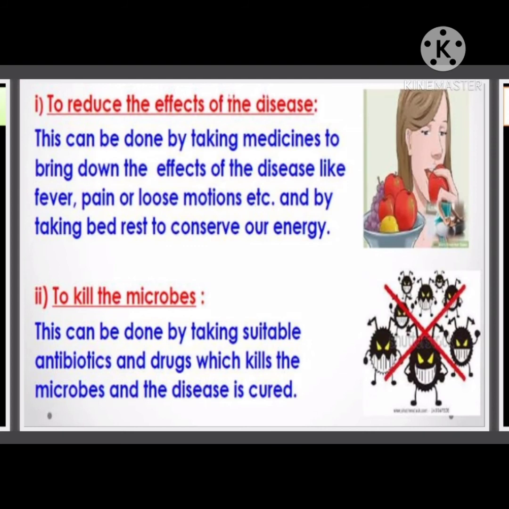Okay, but antibiotics are not effective against viral diseases. Why? That is why even now we are suffering from the disease called corona. We can't use antibiotics against corona or viral diseases because the virus enters the host cell to carry out its life processes, its own metabolic activities.